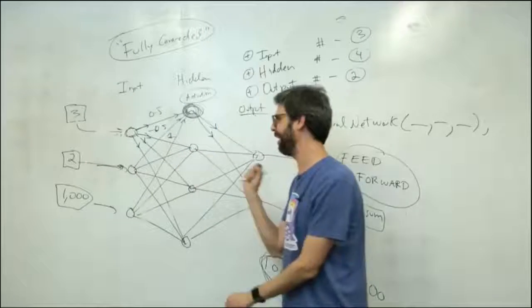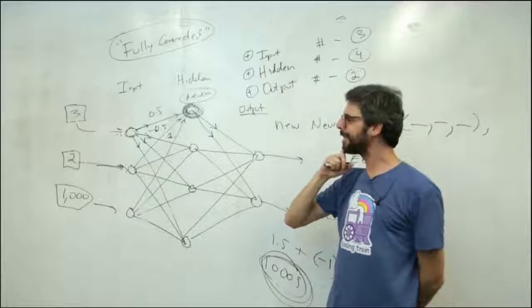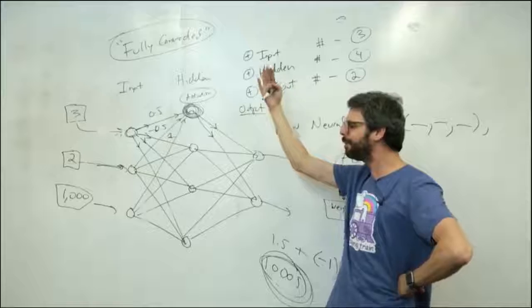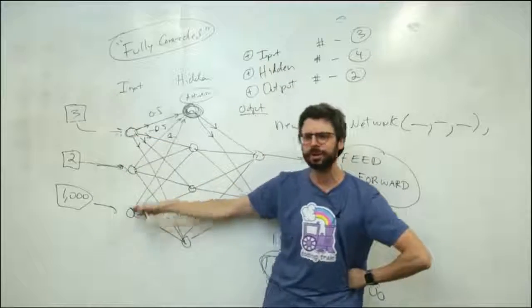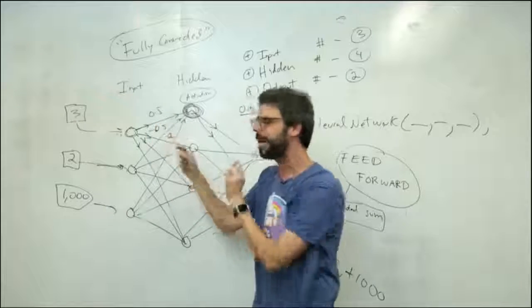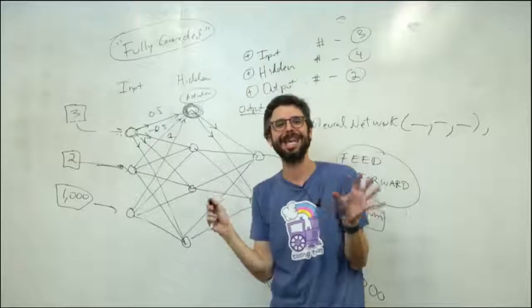So I could keep going here. I could create some type of array, I could create an object where each one of these nodes or neurons is an object, and then I could iterate over, I could have connection objects. So there's a bunch of different approaches I could take.